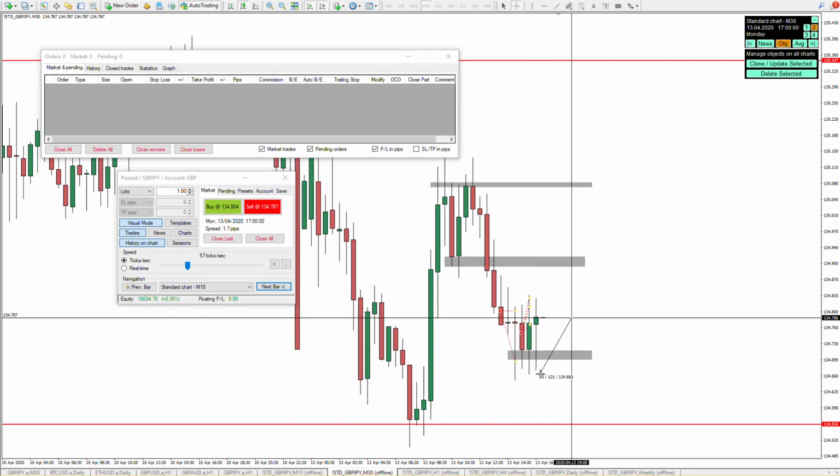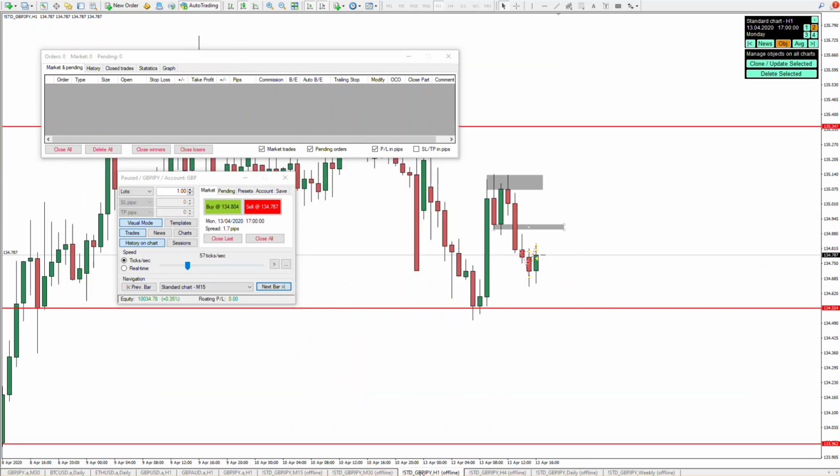13 pips. Yeah, let me buy right away. Yeah, look at this. Support formed. Let me buy. Only problem is this, but that's like 13 pips away.